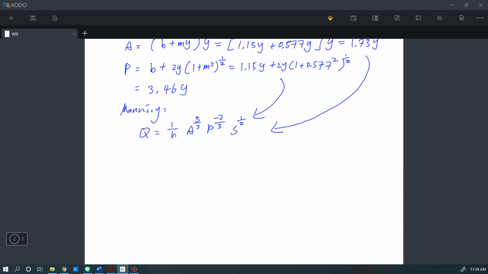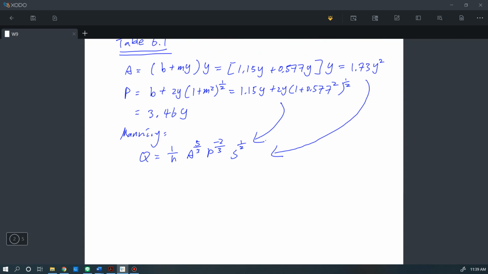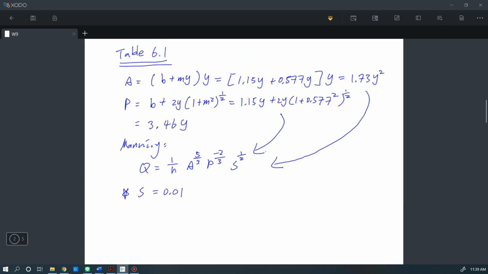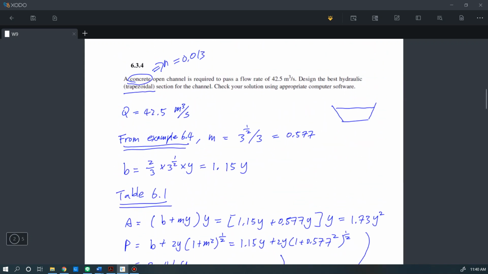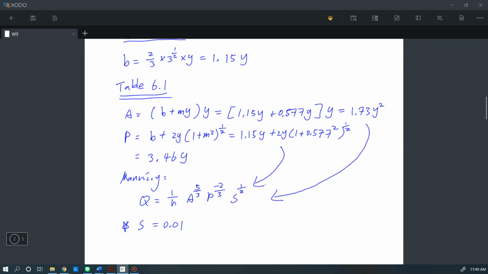And we assume the slope is equal to 0.01. Okay. And we also know that the flow rate is equal to 42.5.